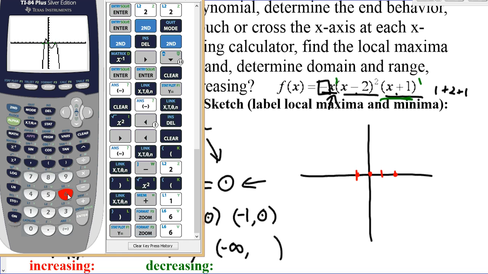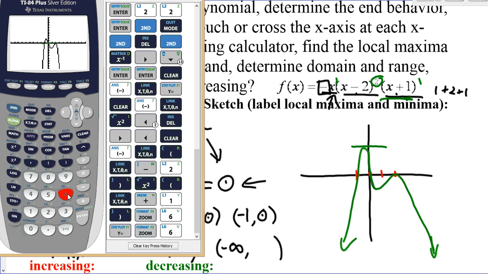Here at 2, it's a multiplicity of 2, so it's just going to touch. So as I sketch my graph here, I know it has to start low, go through here, turn around, go through here. And I've got to end low, I know that. And I know I need to touch just at 2. So I'm going to come up, touch, and come back down. And that's how I can process that.